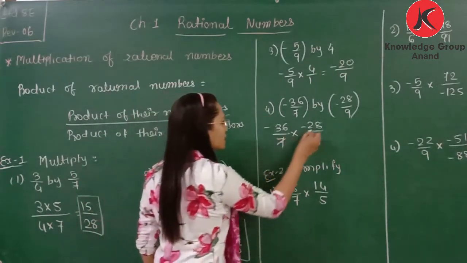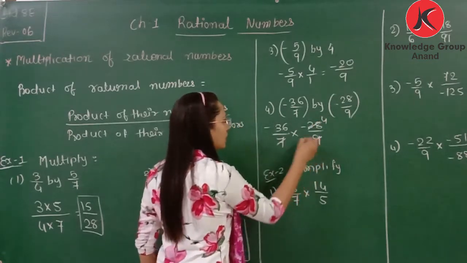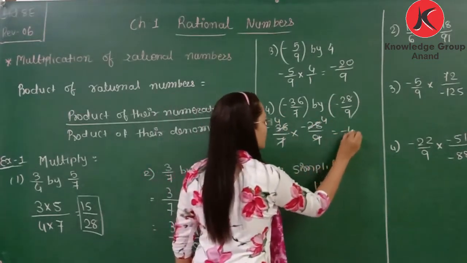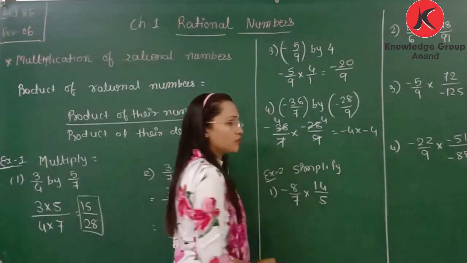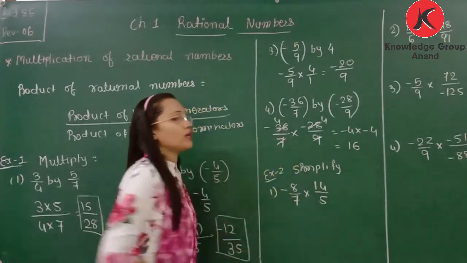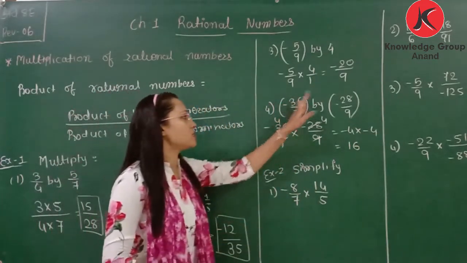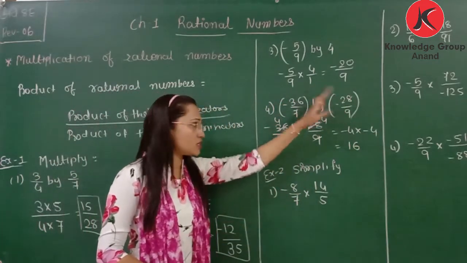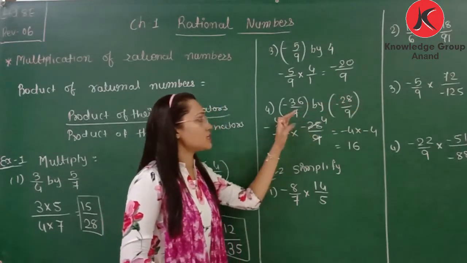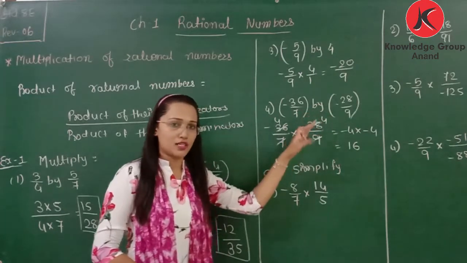So you can cut here, 7 fours are 28, 9 fours are 36. Now here we have minus 4 multiply minus 4, so the answer will be 16 because minus minus is plus. This way you can solve, or you can multiply minus 36 with minus 28 and divide whatever answer you get by 63. 9 sevens are 63.